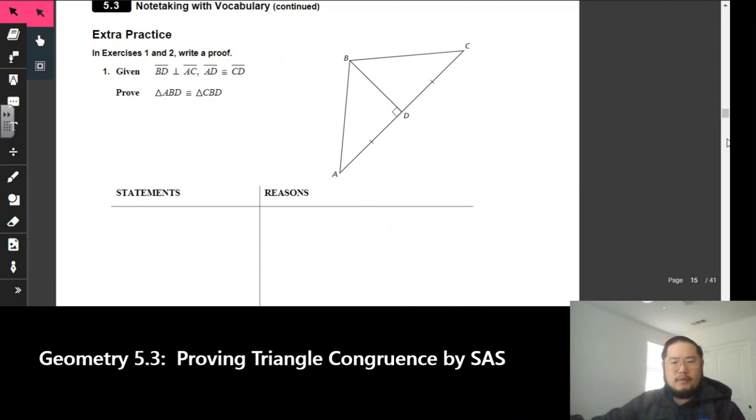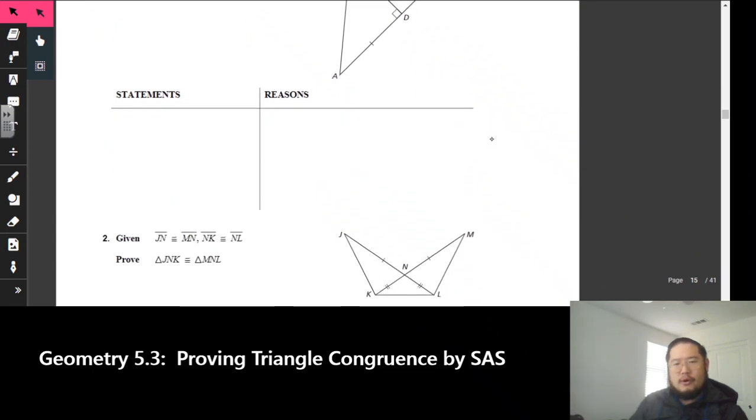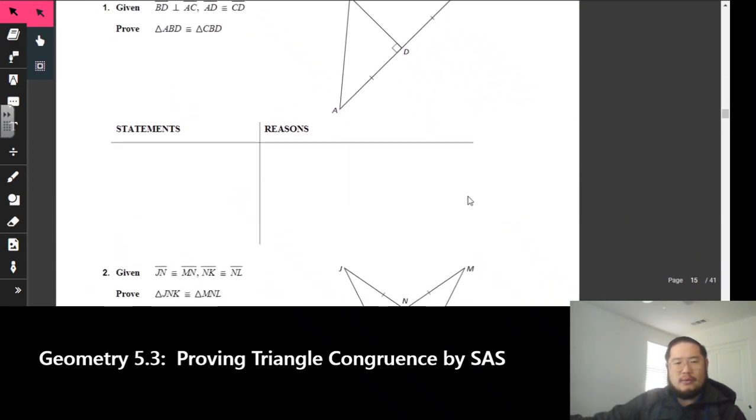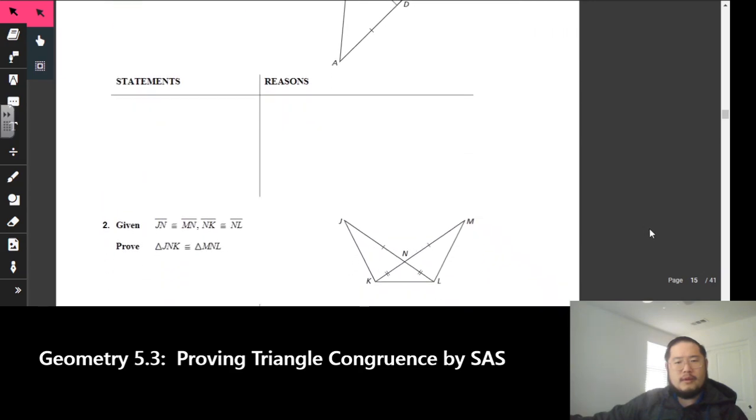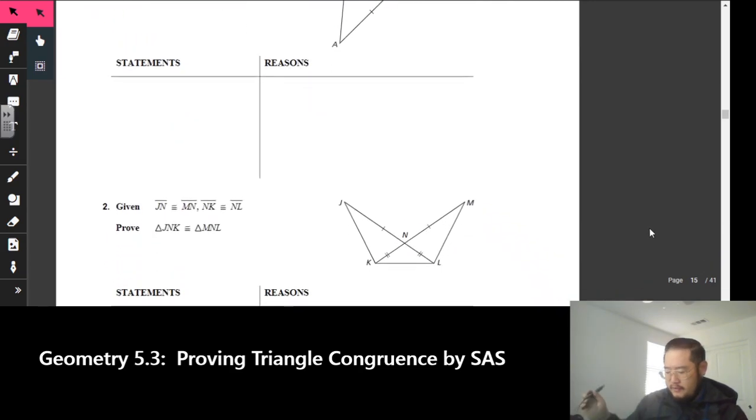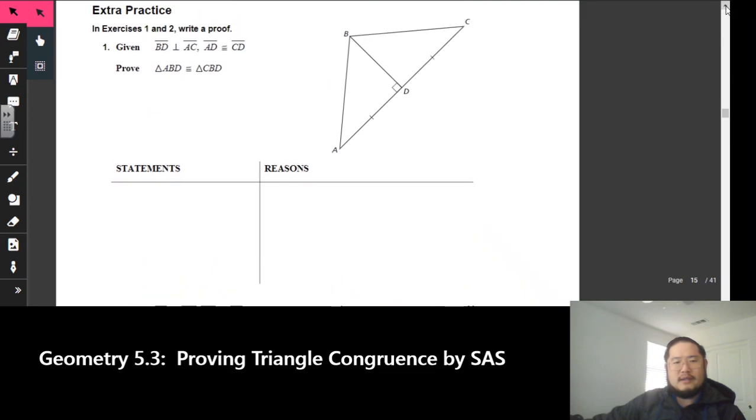Remember, it always helps to use the figure and draw things out. And in a proof, you always want to start with the given. So let's start with the given here.